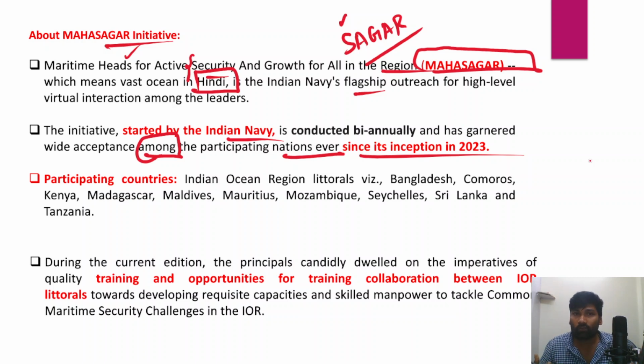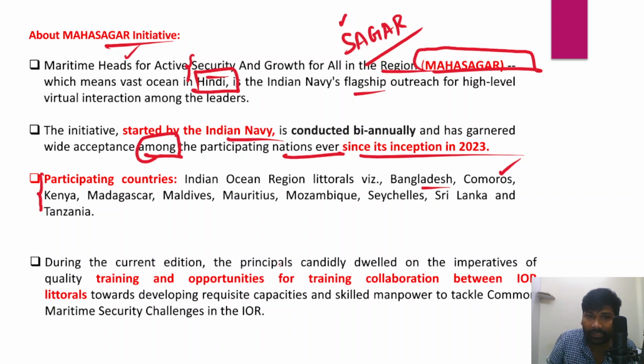A number of countries in the Indian Ocean, Bay of Bengal and Arabian Sea are part of this initiative. The participating countries included Bangladesh, Comoros, Kenya, Madagascar, Maldives, Mauritius, Mozambique, Seychelles, Sri Lanka and Tanzania. All these countries are key security partners for India.